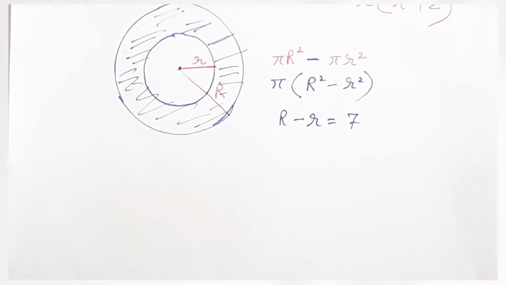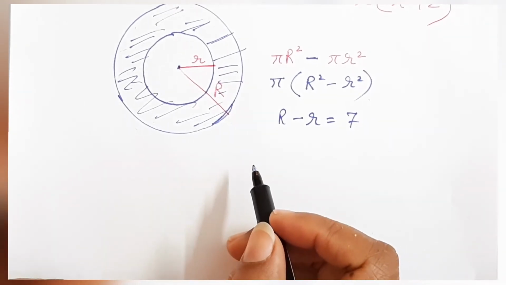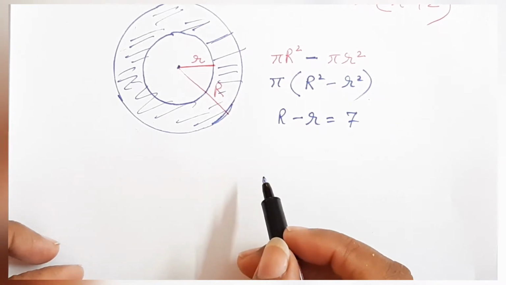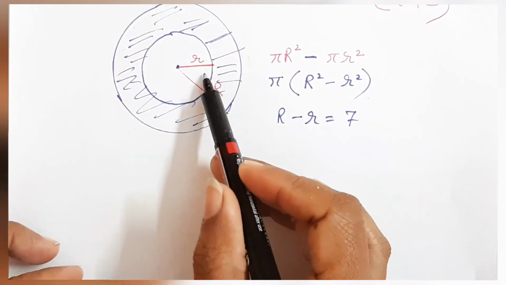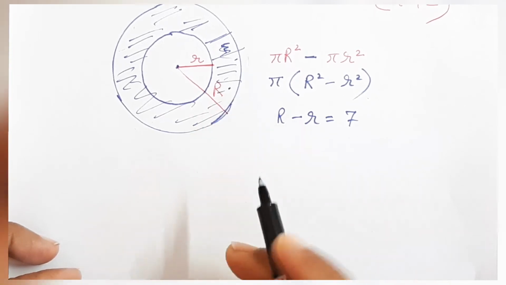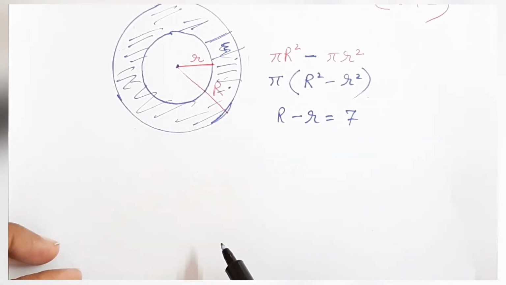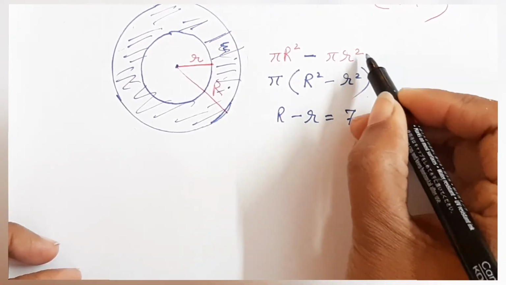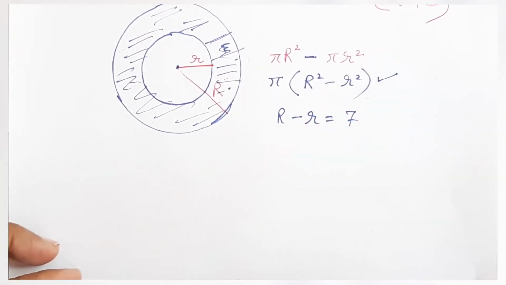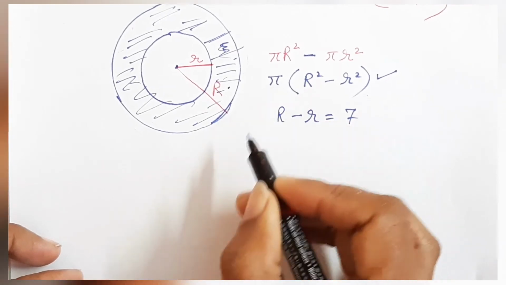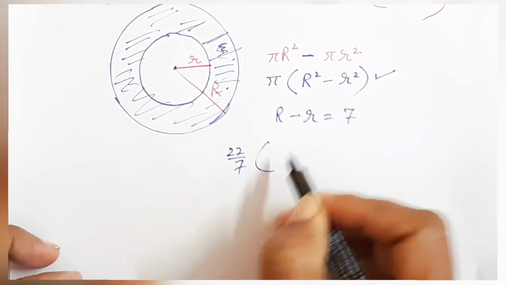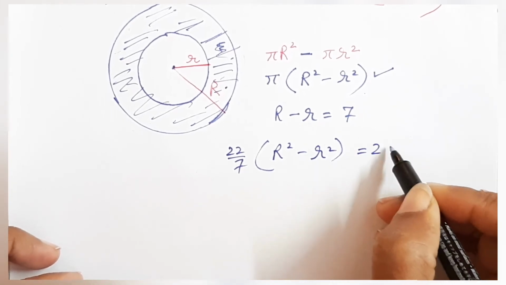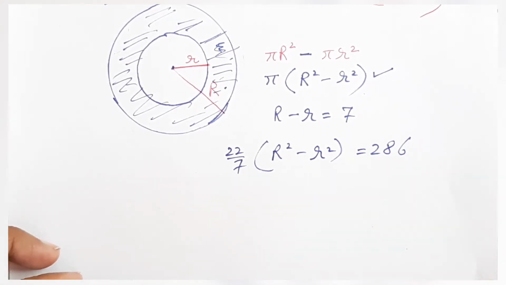Clear? And what is given? The area of this shaded region is 286. Clear? So now we are going to use this formula: 22 upon 7 into capital R square minus small r square equal to 286.